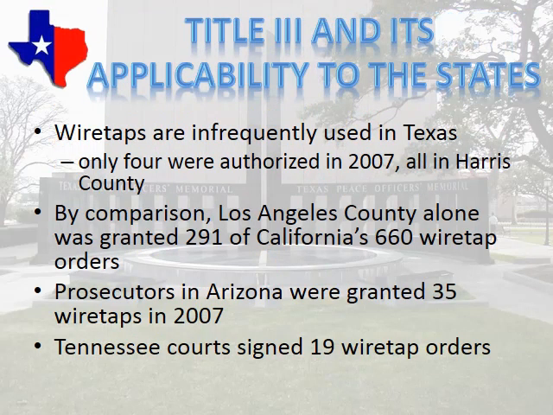In Texas, wiretaps are infrequently used at a state level. There are more federal wiretaps going on in this state than there are state wiretaps. In fact, in 2007, there were only 4 wiretaps authorized in Texas under the state law, and those were all in Harris County, so right up the road here.